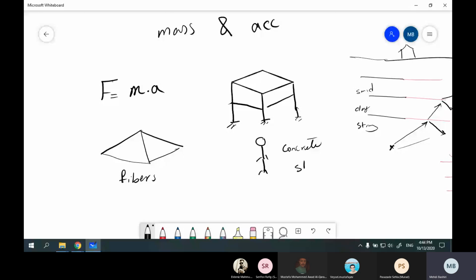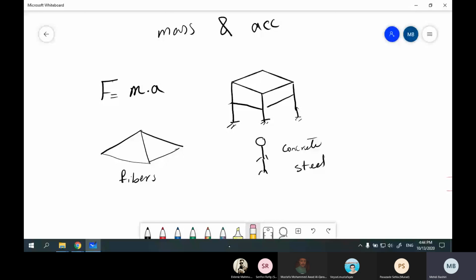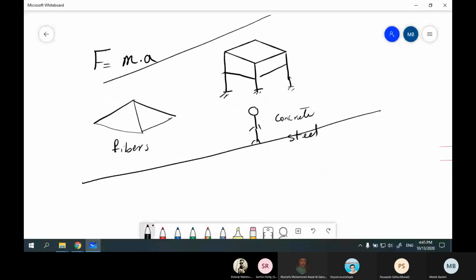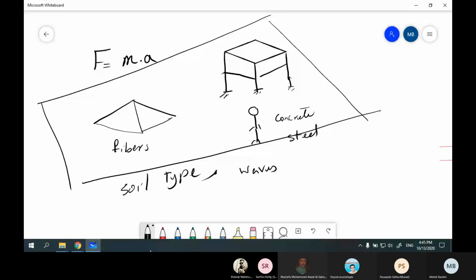They both are in the same area. When I'm saying that they both live in the same area, I mean the soil type and the waves right here are all the same.